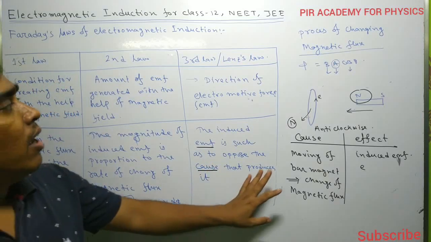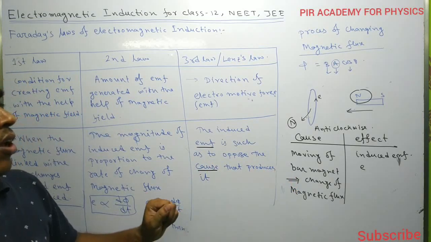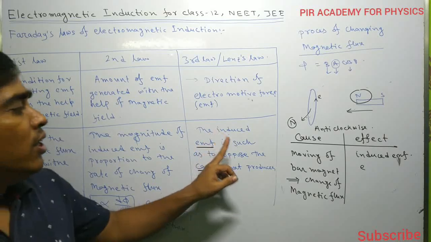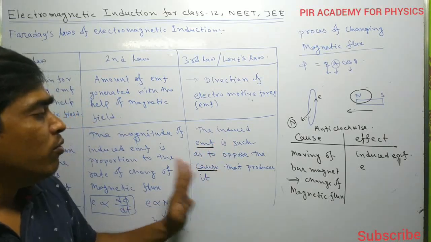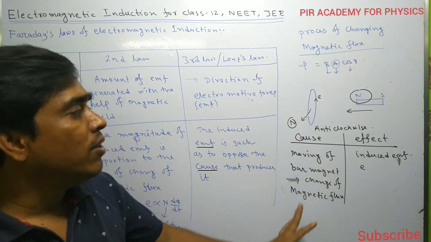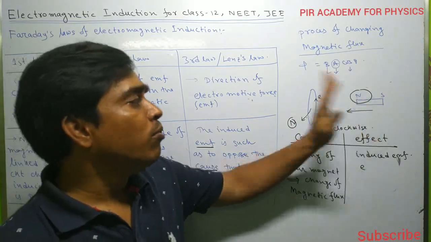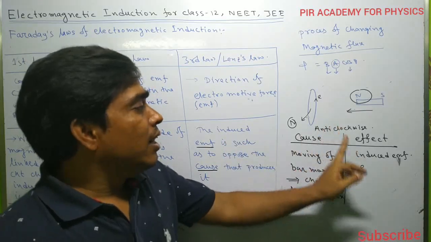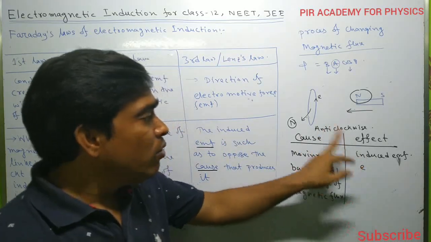So this is Lenz's law. Lenz's law states that the induced EMF is such as to oppose the cause that produces it. So what is the cause? The cause is the change of magnetic flux, that means the movement of the bar magnet. And what is the effect? Induced EMF.